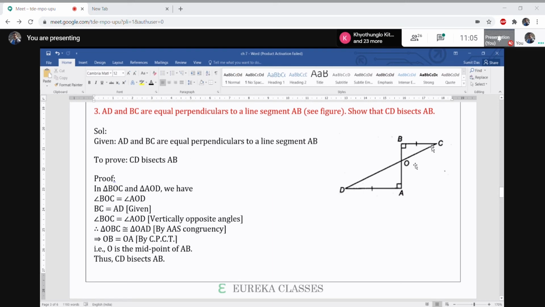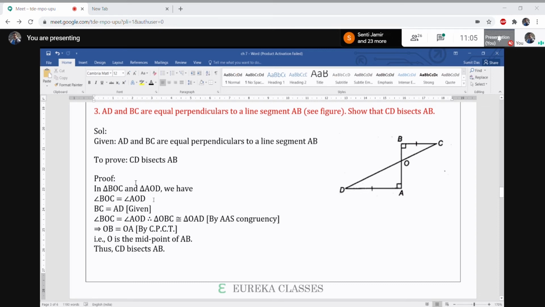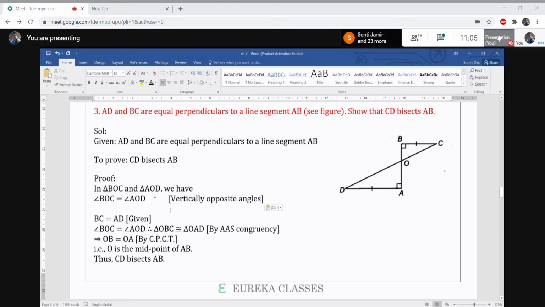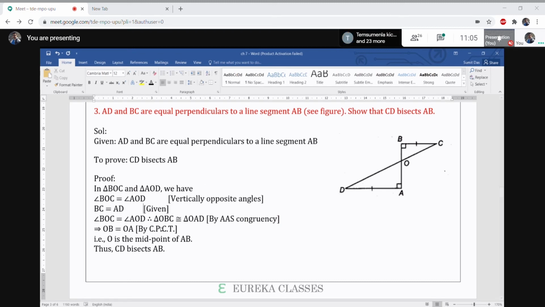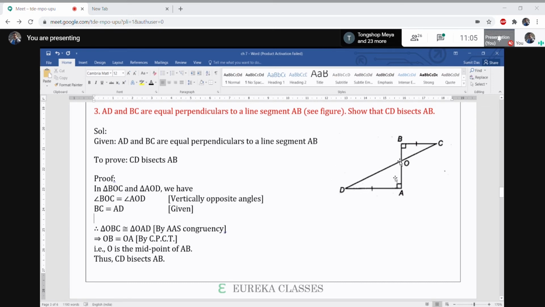Proof now. Triangle BOC and triangle AOD. In these two triangles, BOC and DOA, these two angles are, can anyone tell me, they are vertically opposite angles, right?